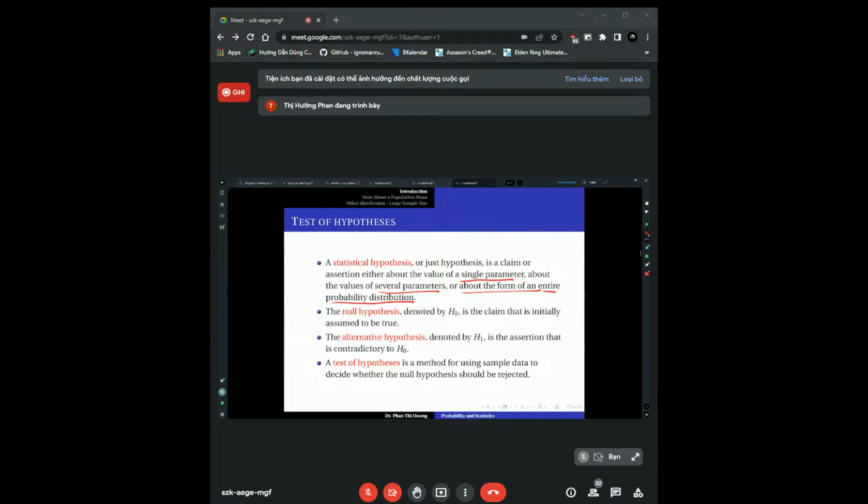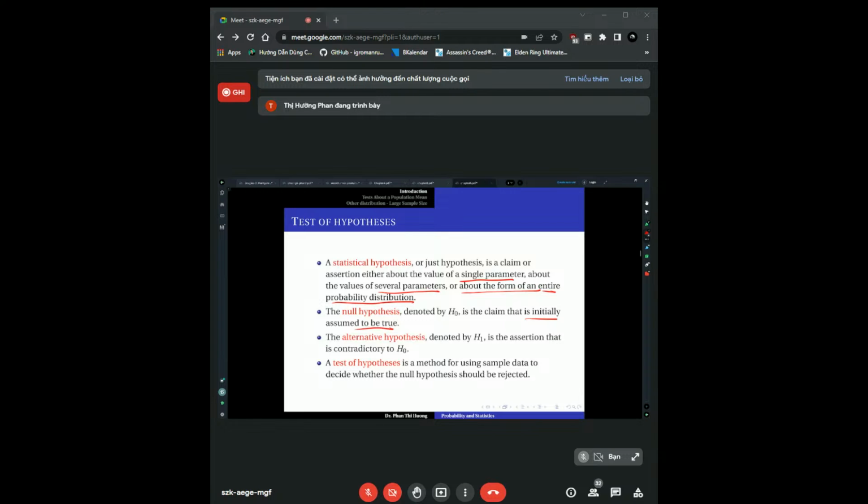Lastly, we define the null hypothesis and alternative hypothesis. The null hypothesis, denoted by H0, is the claim that is initially assumed to be true, because we want to prove something.